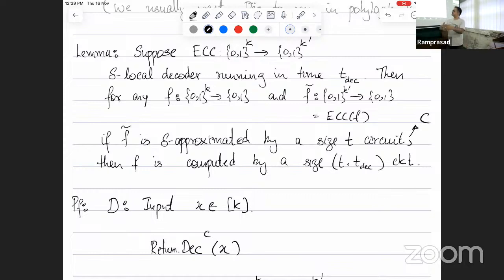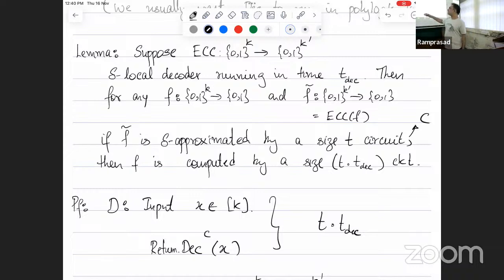I'm given C, which is a size T circuit, so I need to evaluate it on that input and see what the value is. So the total running time of this process is roughly T times T dec. I said everything in terms of an algorithm, but you can convert this to a circuit.